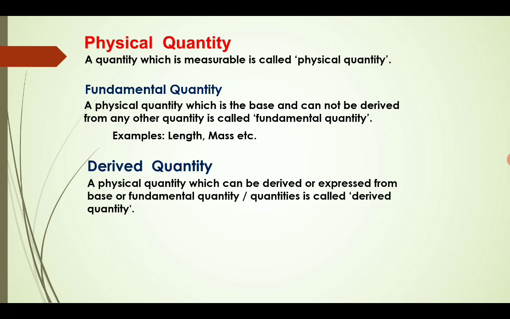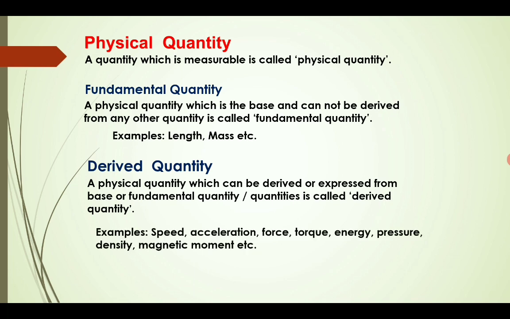So there are so many examples around us, like the speed, velocity, acceleration, force, momentum, torque, energy, pressure, density, thermal conductivity, resistance, magnetic moment, etc. So we are having so many other quantities which we can derive using the base fundamental quantities.